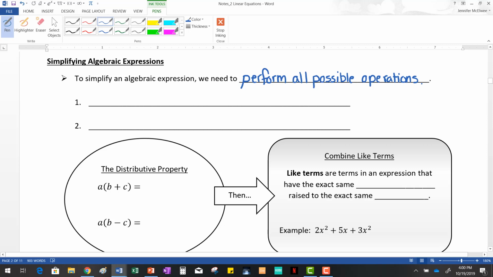This is the first type of problem where we will not get a single number for an answer.